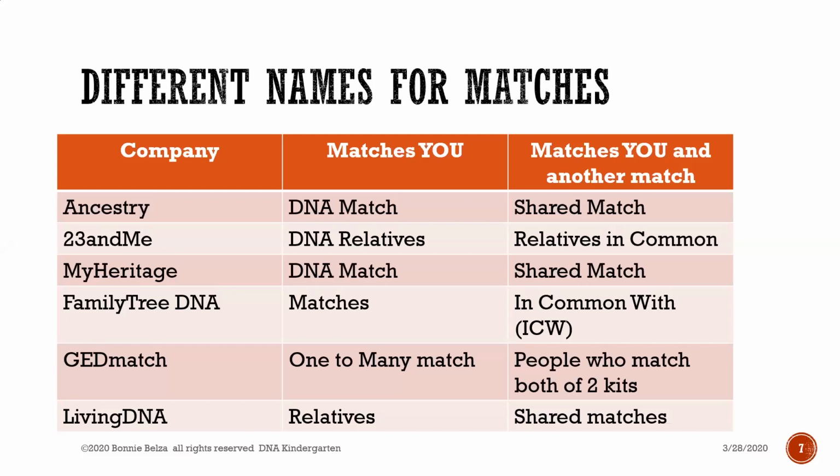So you take your kit and someone else's kit, and by comparing them with the people who match both, you find those shared matches. Lastly, Living DNA identifies matches to you as your relatives and matches that you and another match share as shared matches. Sometimes a bit confusing.